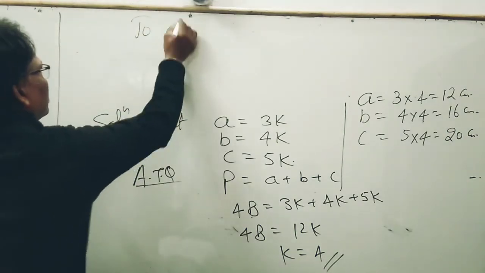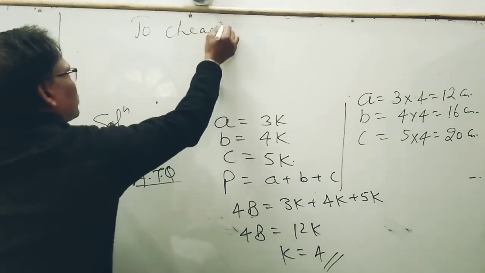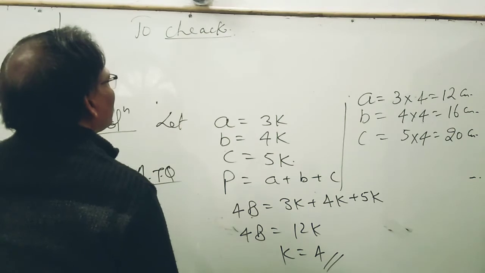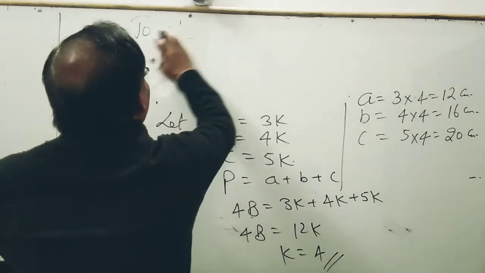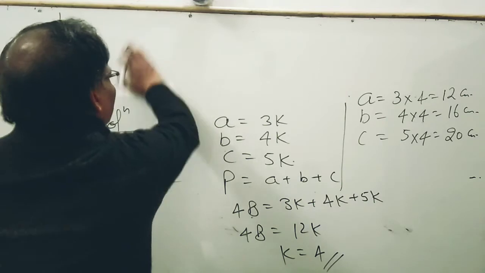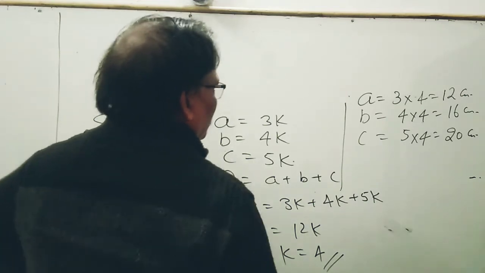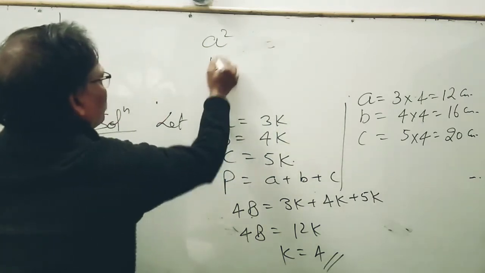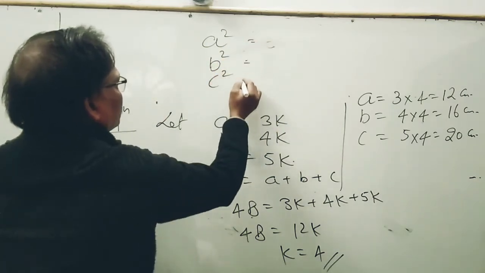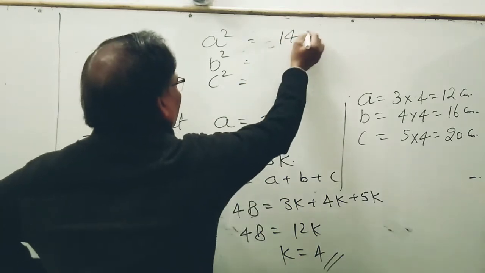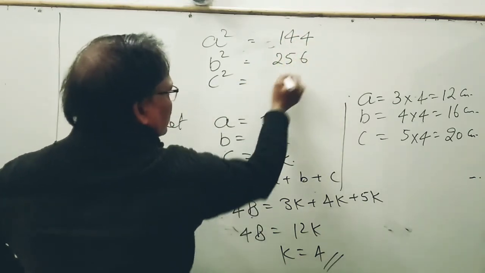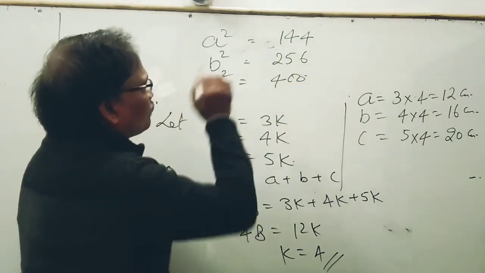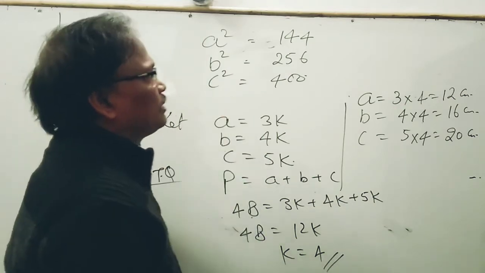To check, find the side squares, A square, B square and C square. Means 144, 256 and 400. And check whether the sum of these two is equal to the third one.